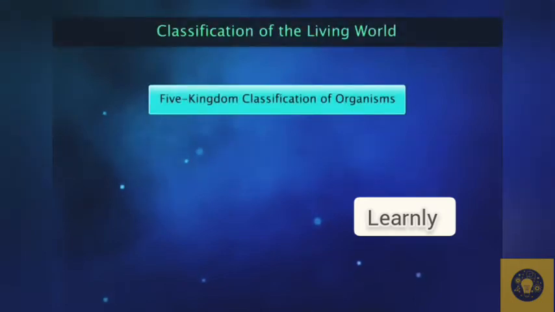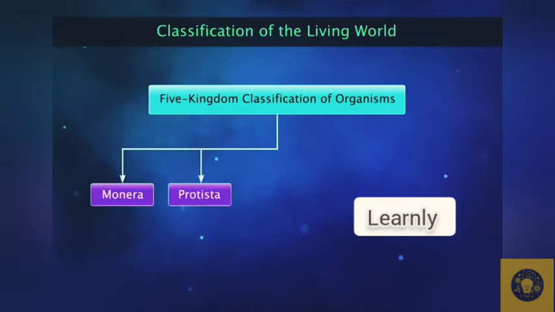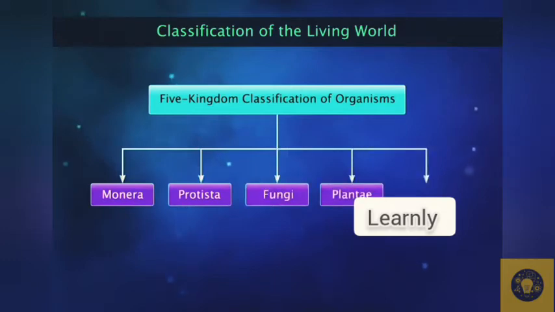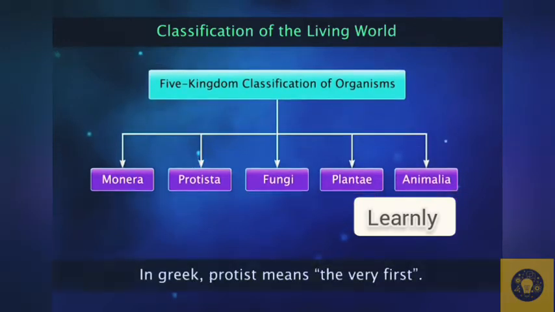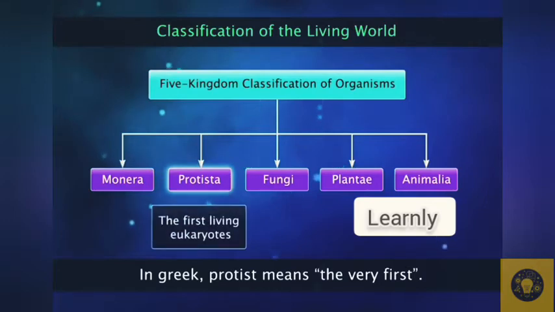According to the modern five-kingdom classification, the living world is divided into 5 groups: Monera, Protista, Fungi, Plantae, and Animalia. In Greek, protist means the very first. Kingdom Protista is thus known to consist of organisms that are believed to have been the first living eukaryotes to evolve on Earth.